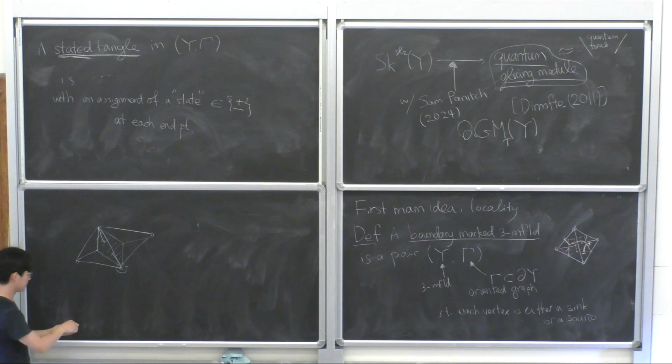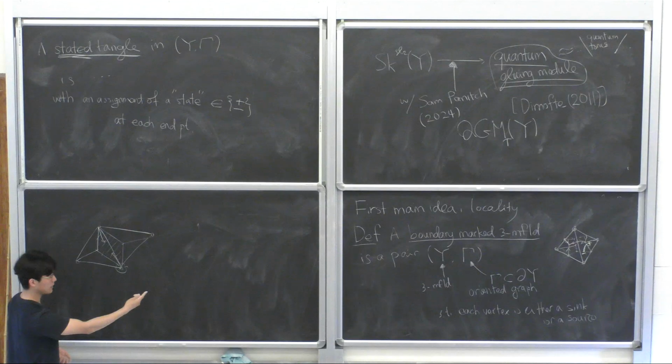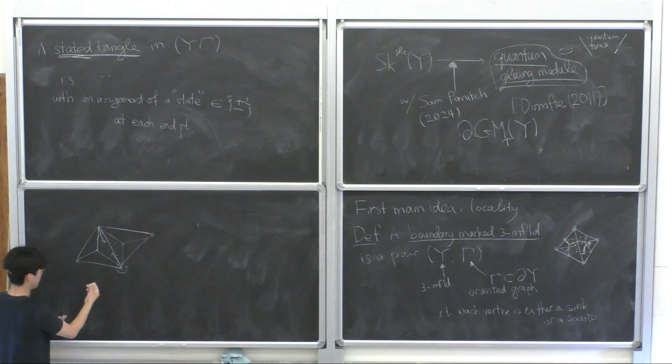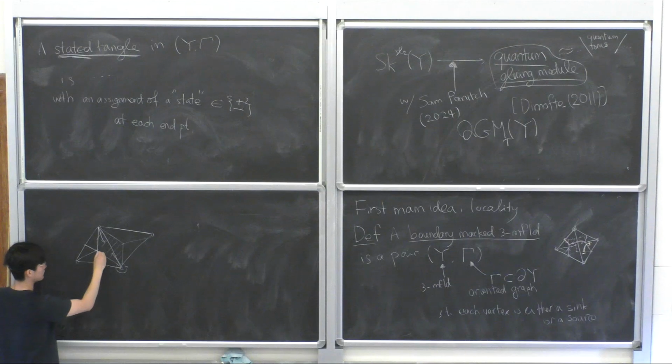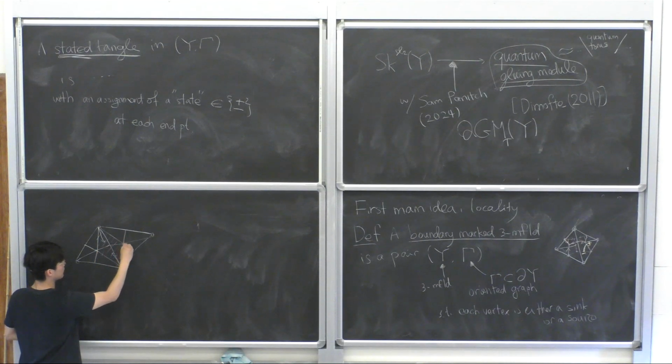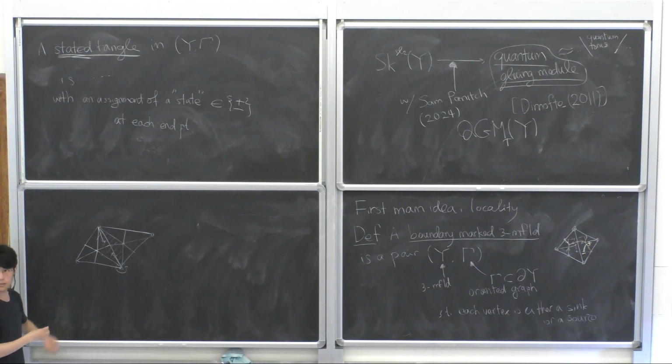So the boundary marking is kind of the space of leaves. In this case, that would look something like this with red lines.